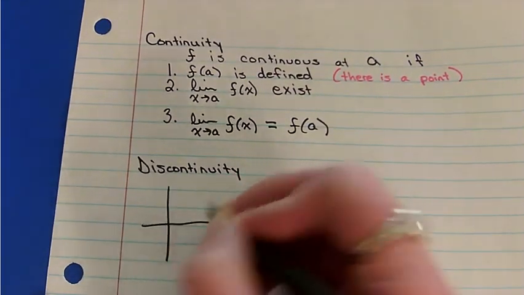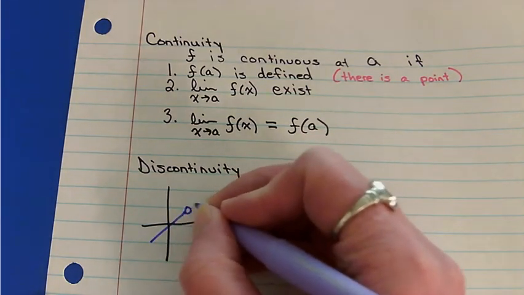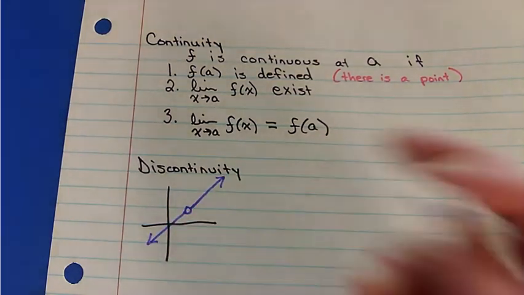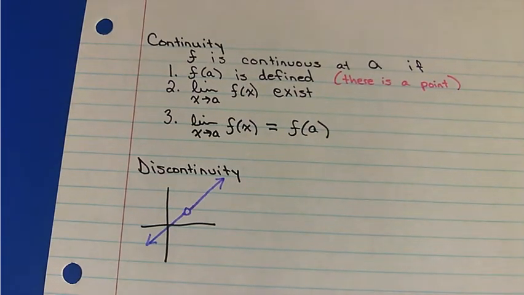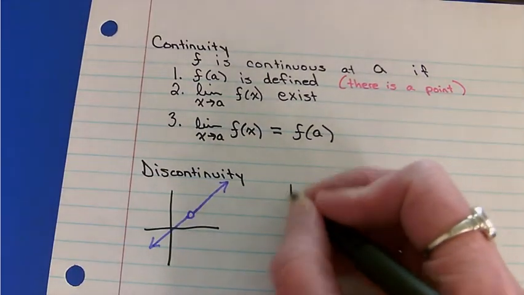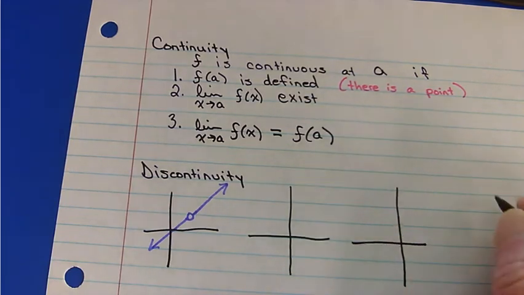Let's say I have this one. This is not continuous, and that is because it has a, well, I'll do the reasons why. Let me draw my pictures first. That will save some time. Just drawing 4 quick graphs.